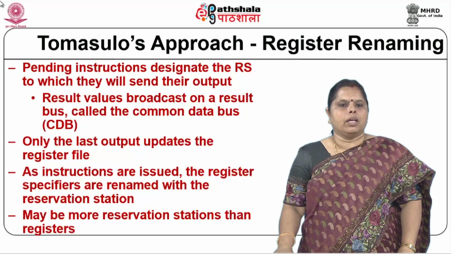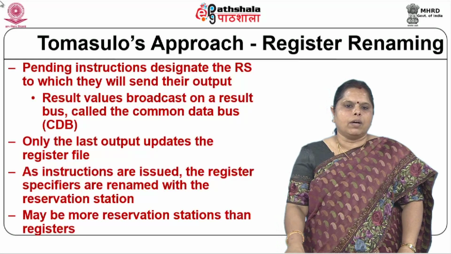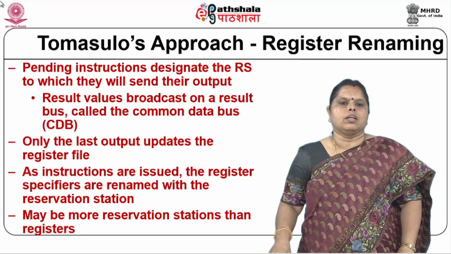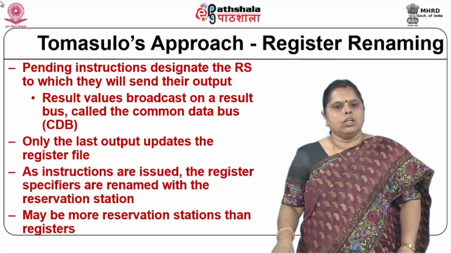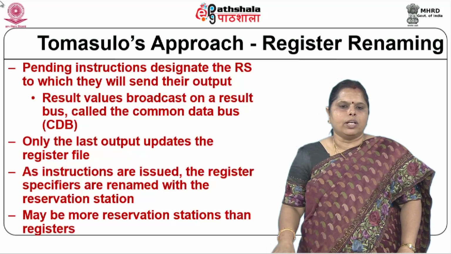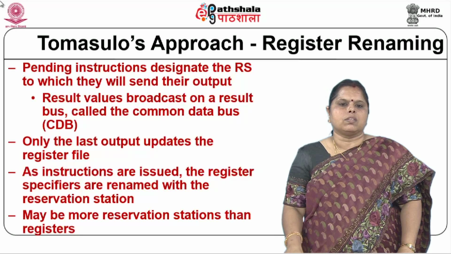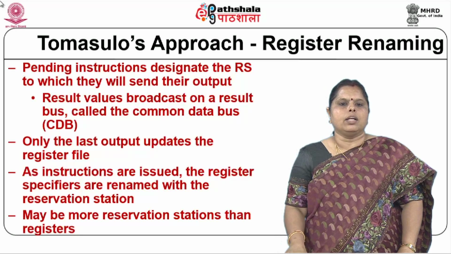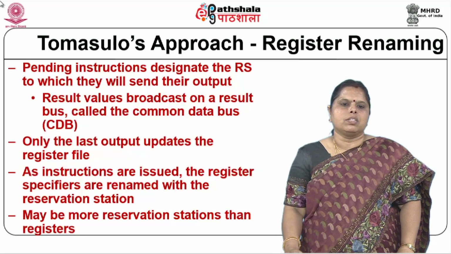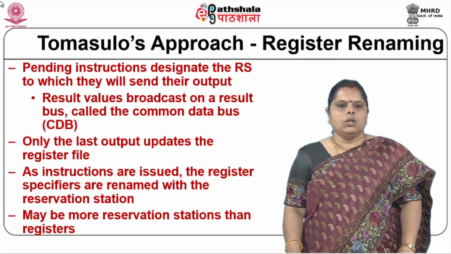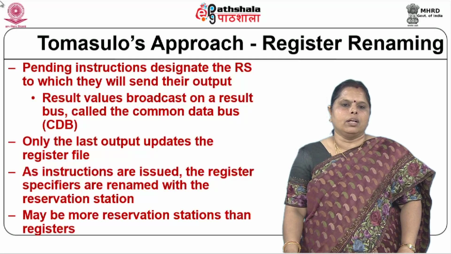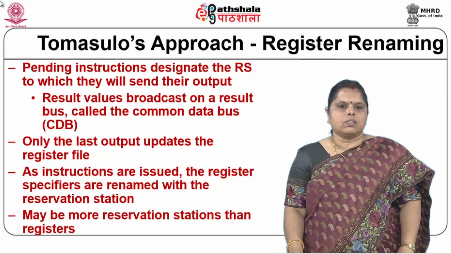For the second one, you just say that the divide instruction, when it finishes, has to produce the result for the add instruction. Once an instruction is issued, you identify it by the reservation station tag that is allocated to it. It is a unique identification: you identify an instruction by the tag of the reservation station to which it has been allocated.